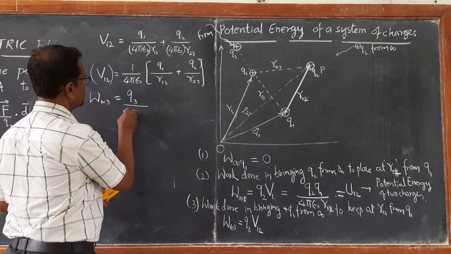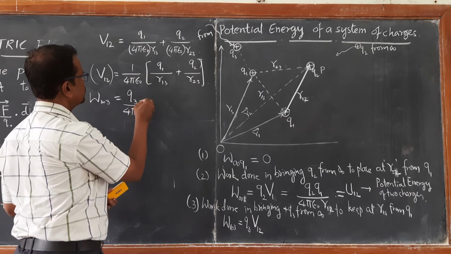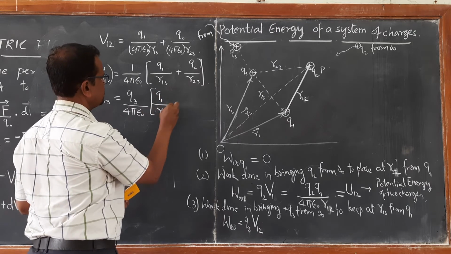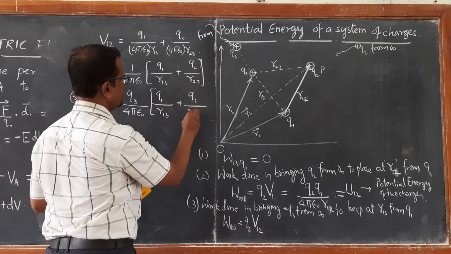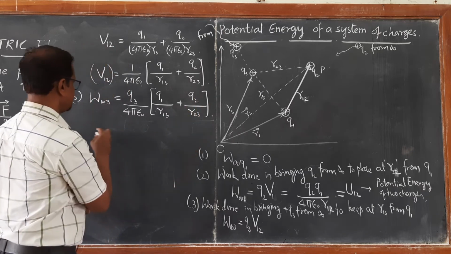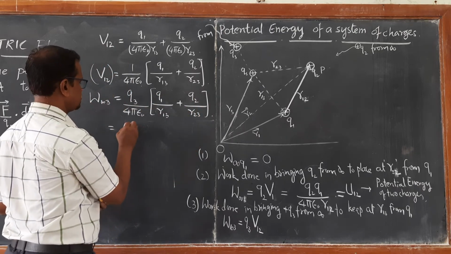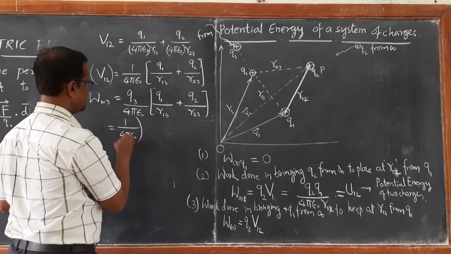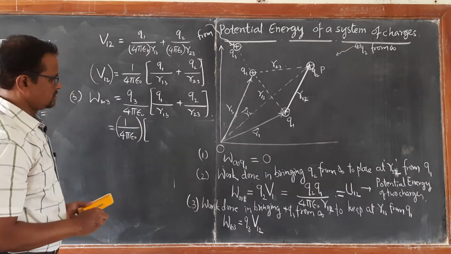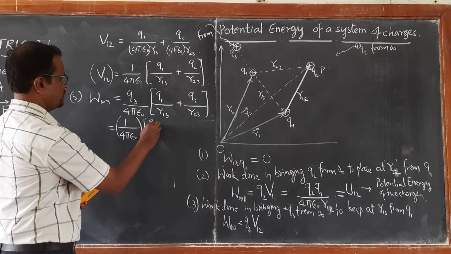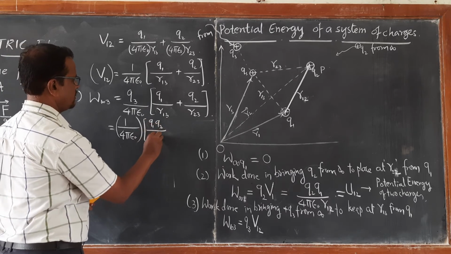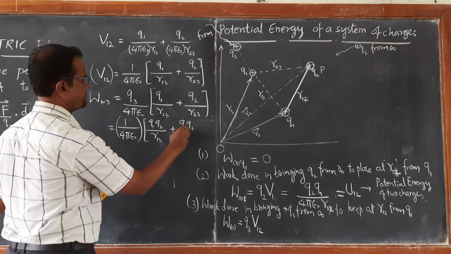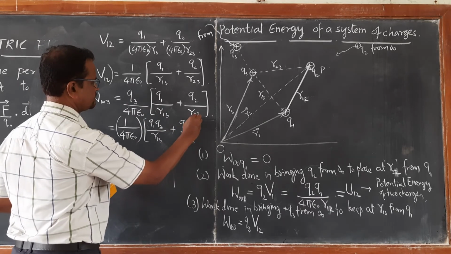So this becomes Q3 times 1 upon 4 pi epsilon naught into Q1 by R13 plus Q2 by R23. Take this inside, so 1 by 4 pi epsilon naught being constant, keep it outside, so it becomes Q1 Q3 by R13 plus Q2 Q3 by R23.